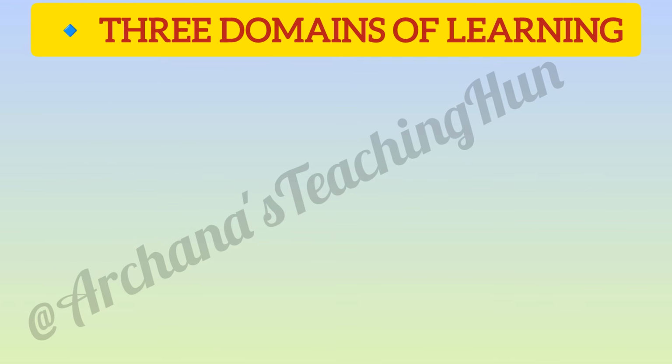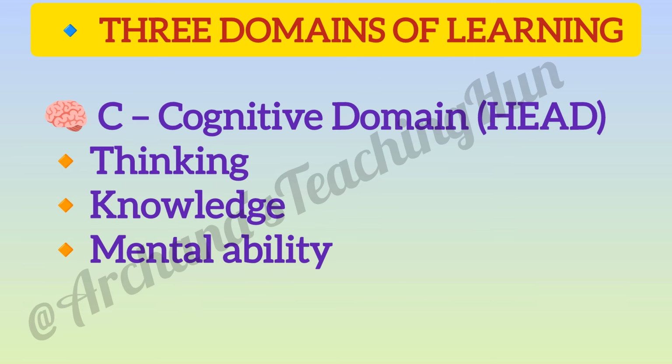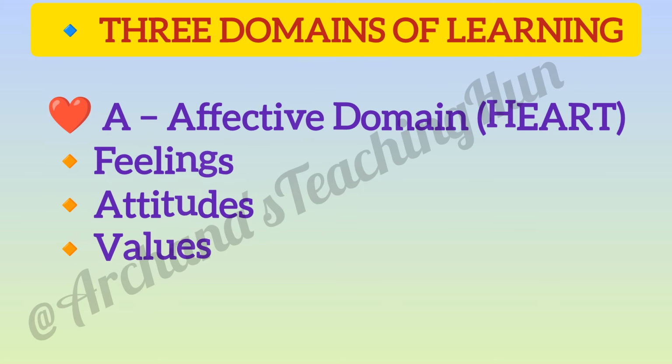Three domains of learning. Trick to remember: CAP. Bloom's divides learning into three domains. C means cognitive domain, related to head, thinking, knowledge, mental ability. Now A means affective domain, related to heart, feelings, attitude, and values.